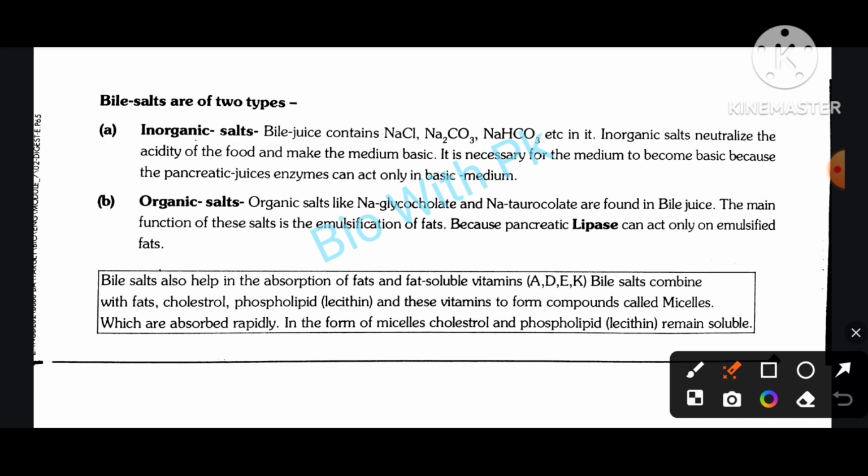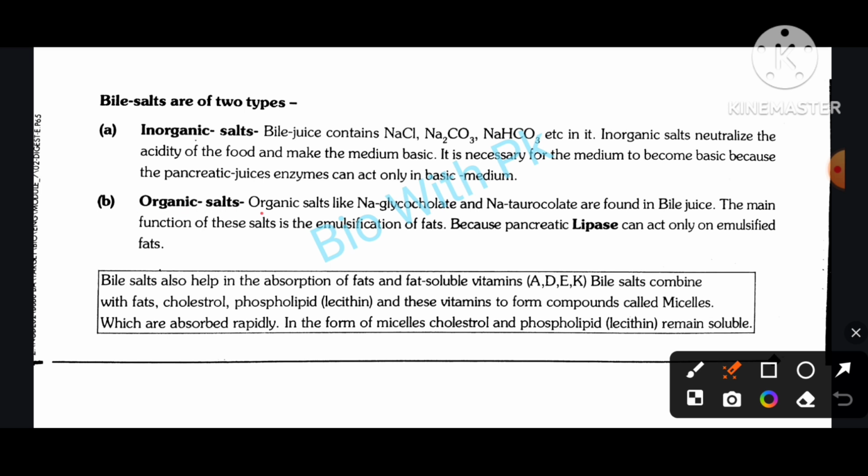Number first, inorganic salt. Bile juice contains sodium chloride, sodium carbonate Na2CO3, NaHCO3, etc. Inorganic salt neutralizes the acidity of the food and makes the medium basic. It is necessary for the medium to become basic because the pancreatic juice enzyme can act only in basic medium.